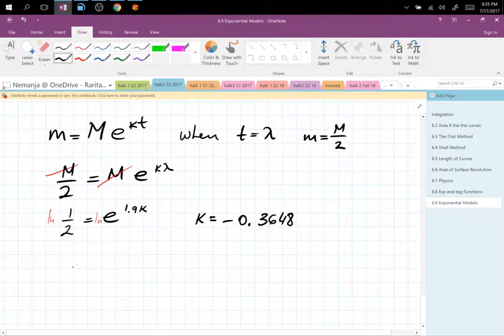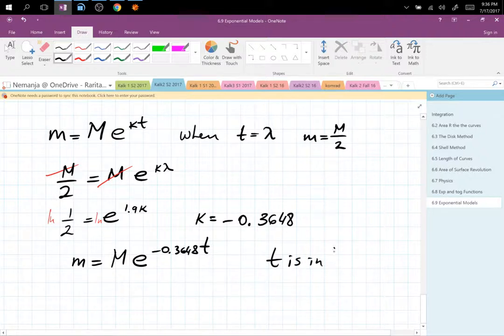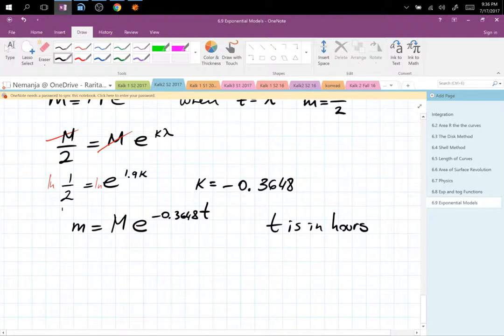So now I have the mass to be the initial mass times e to the negative 0.3648 t. t is in hours. So now this is your mathematical model. You can integrate, you can differentiate.